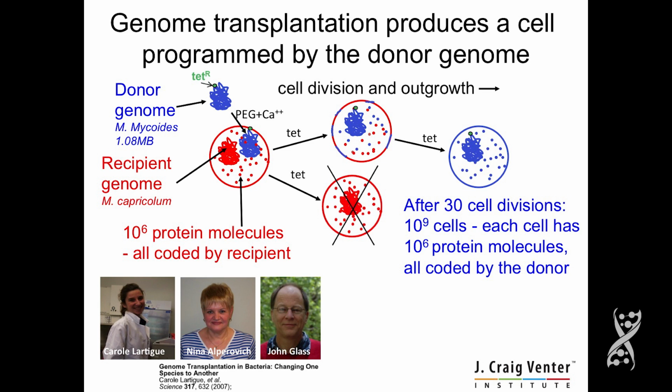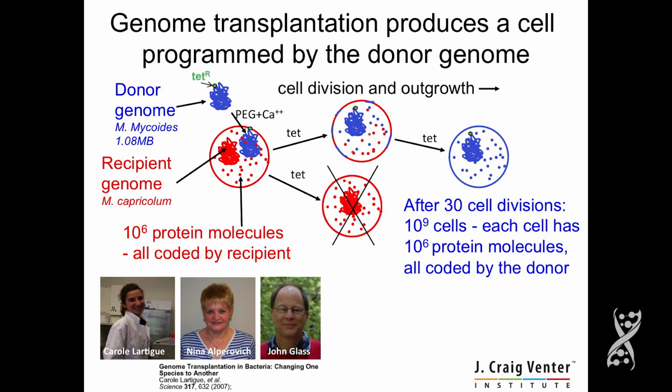And what we believe happens is that you get both genomes in some of the cells, and then when the division takes place, the two different chromosomes segregate to daughter cells. The ones that have the original capricolum don't grow in tetracycline, and they are killed.